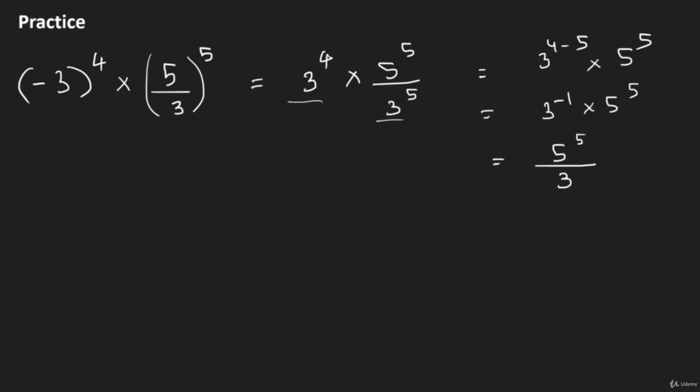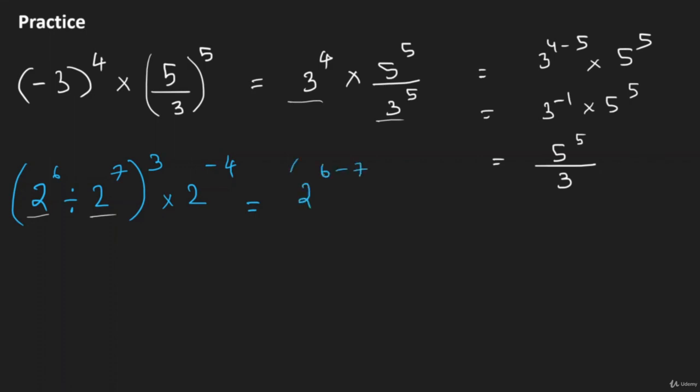Let's do another question. Alright, over here you can see that I have 2 and I have 2 over here as the base. So 2 to the power 6 divided by 2 to the power 7 can be written as 2 to the power 6 minus 7. Let me write that over here.